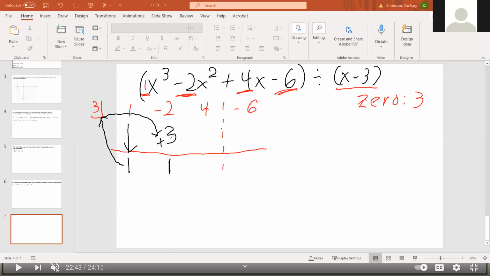It looks like an addition problem if we were to set it up kind of back when we learned vertical addition the first time. And then repeat. 1 times 3 gets me 3 again. 3 plus 4 gets me 7. 7 times 3 gets me 21. -6 plus 21 is 15.